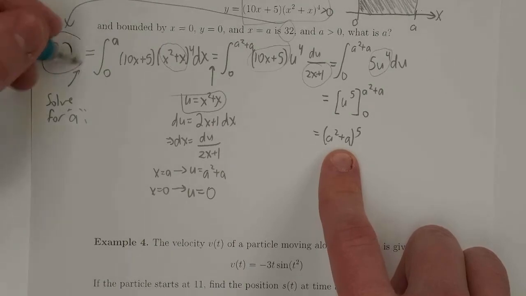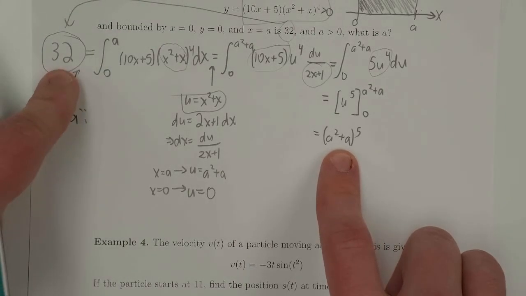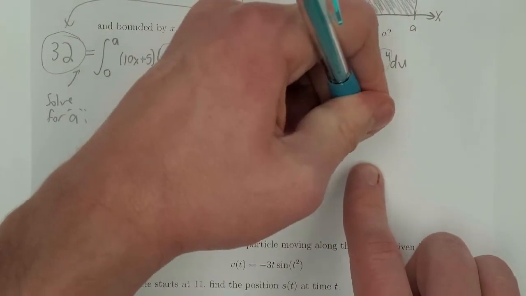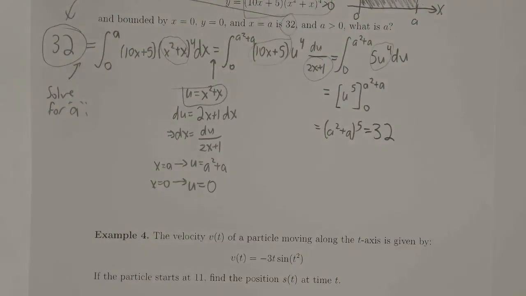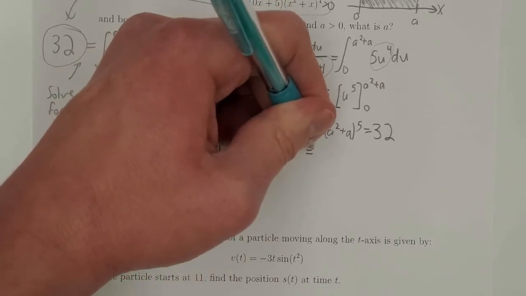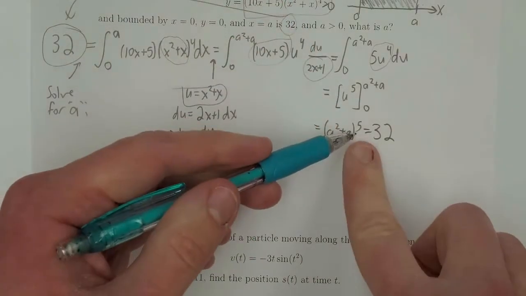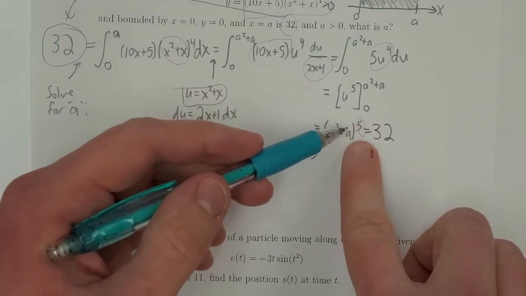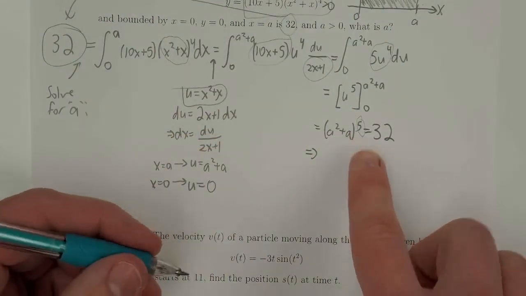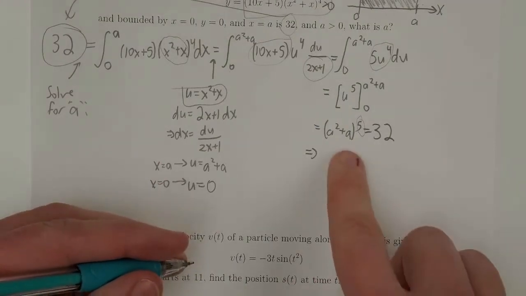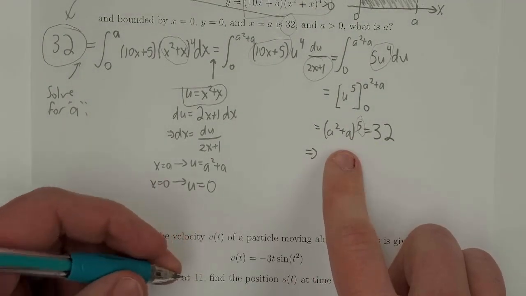So now we have to bring the fact that this is equal to 32 back into play. Okay? And what happens from here is now we just solve for a. So if we note the fact that this is raised to the power of 5, then what can we do with both sides to remedy that?